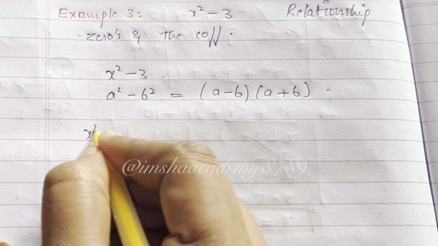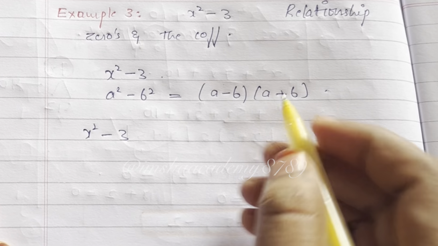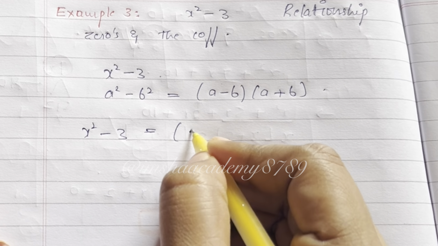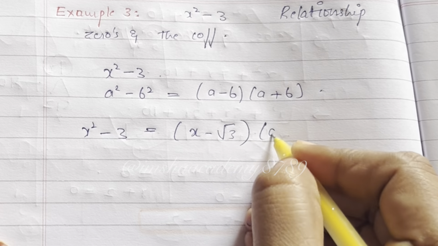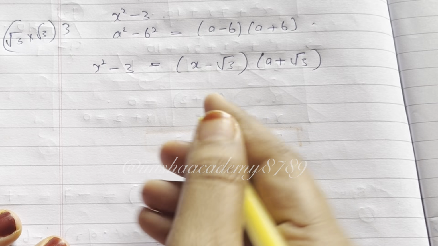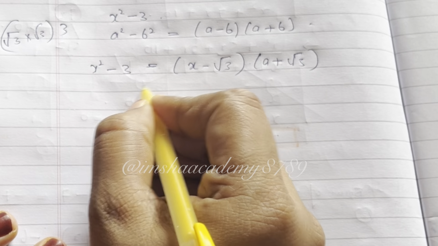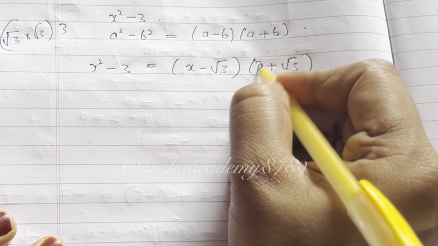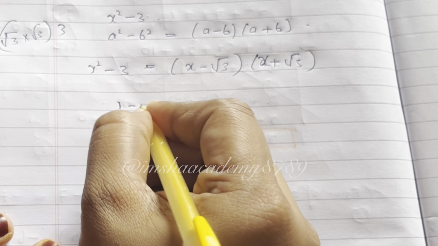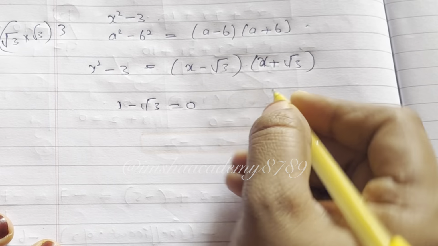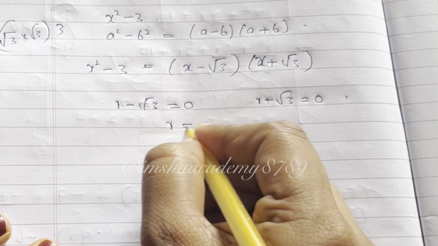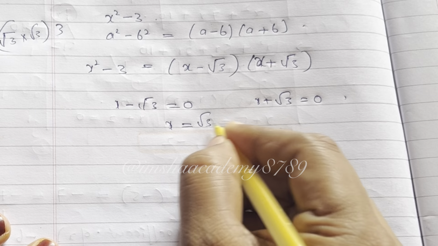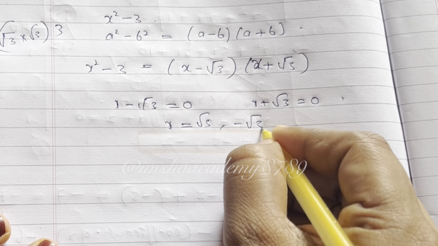So x square minus 3 can be written using this formula as x minus root 3, x plus root 3. When we equate it to 0, x minus root 3 is equal to 0 and x plus root 3 is equal to 0. So the x values become plus root 3 and minus root 3.